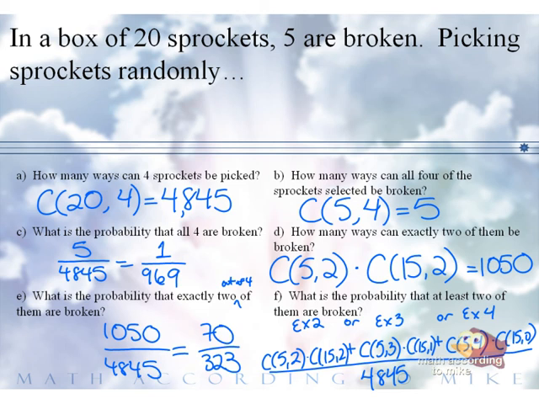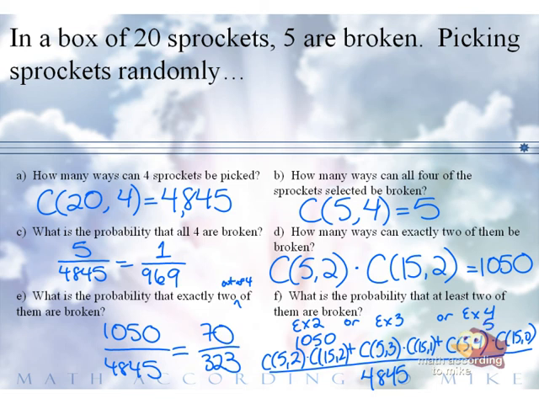Questions on the setup? Okay. So we already got exactly 2 was the 1050. That was part D. We already have exactly 4 is part B. That was 5.